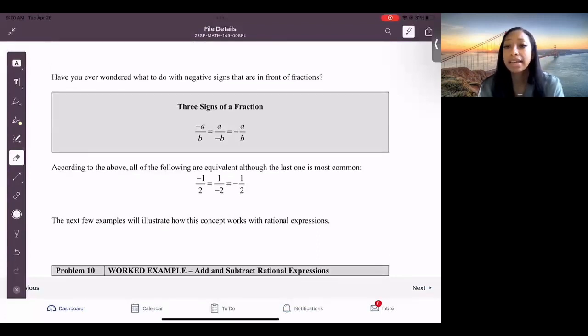Having a negative fraction means either the numerator is negative, or the denominator is negative. You can apply the negative sign to either the numerator or the denominator, but not both. Sometimes you may have to factor out a negative from an expression also to simplify. We'll see what these all look like.